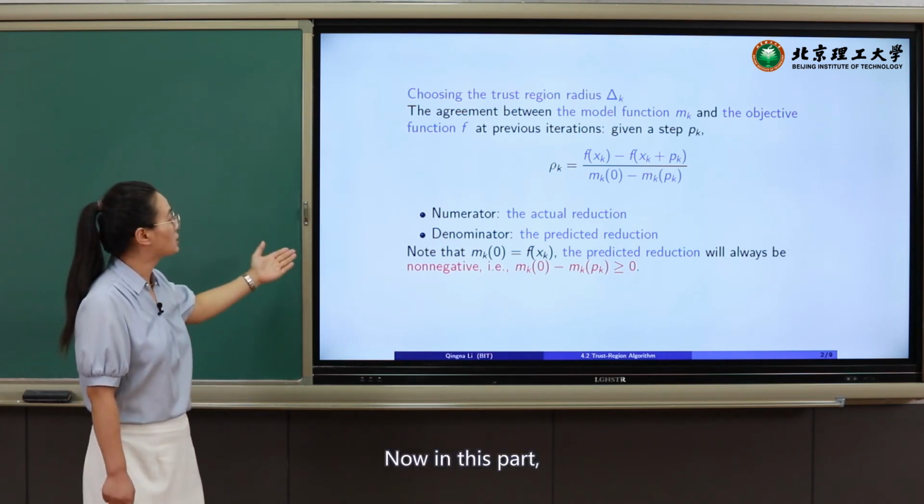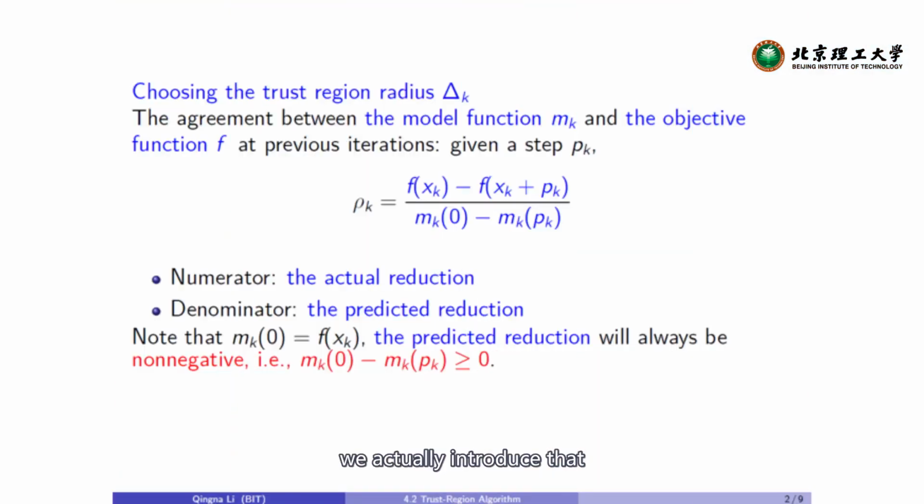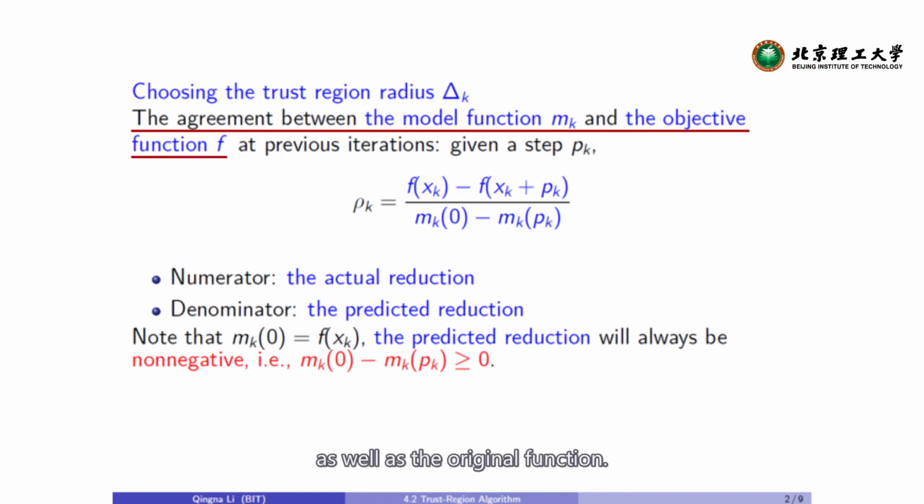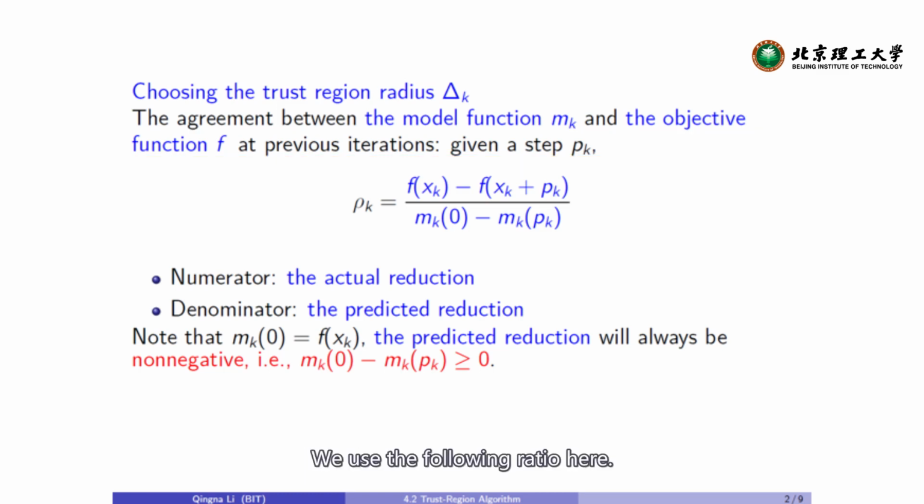Now in this part, we introduce that we use the agreement between the model function as well as the original function. So how do we measure the agreement? We use the following ratio here. We define this as rho k. So rho k is a ratio of two parts.